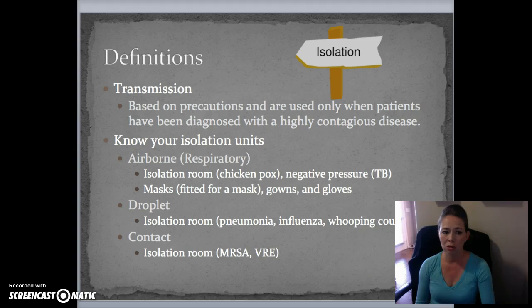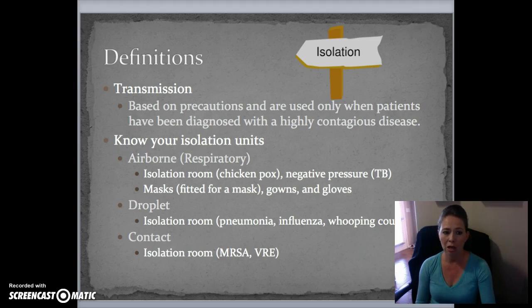So make sure you're using your PPE. If someone's on airborne respiratory isolation, then make sure you're using your masks, gowns, and gloves. If they're in a negative pressure isolation room, that usually means they have tuberculosis. So make sure that you have been fitted for an N95 mask before you go in there. Okay.